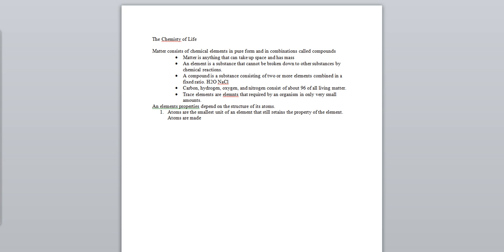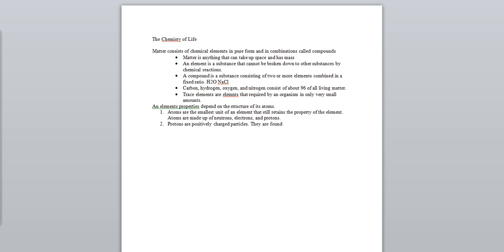Atoms are made up of three different constituents. They include neutrons, electrons, and protons. Protons are positively charged particles.